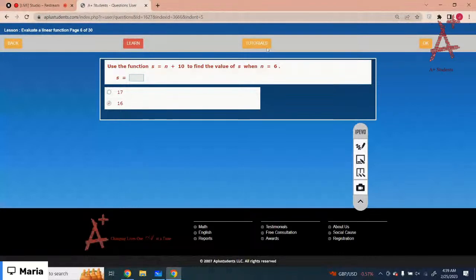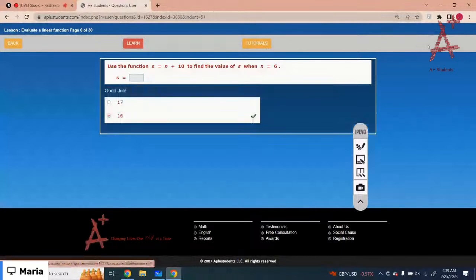So the correct option is 16. Just replace the variable with the value and evaluate. Got it?